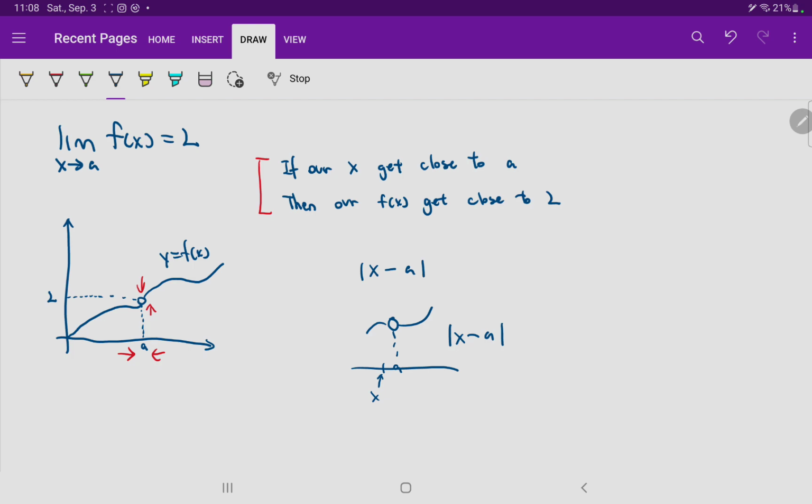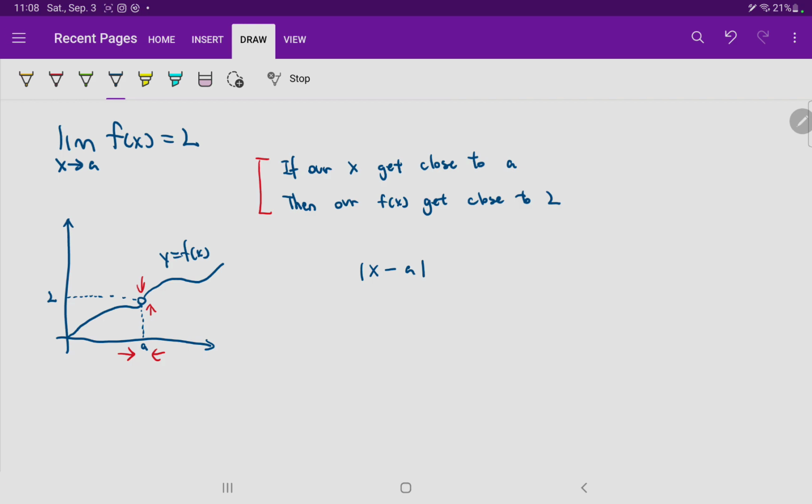So it makes sense that if we want to express the sentence in a mathematical way, we first need a way to describe the distance between x and a, for us to say that we want x to get close to a. So the absolute value of x minus a is the distance between x and a. Now we have successfully linked x and a.